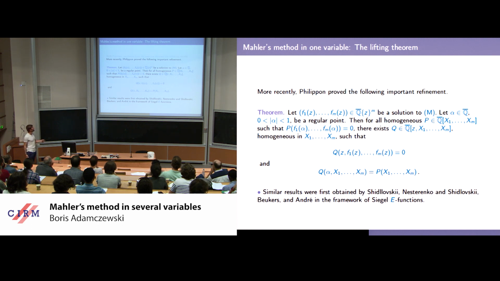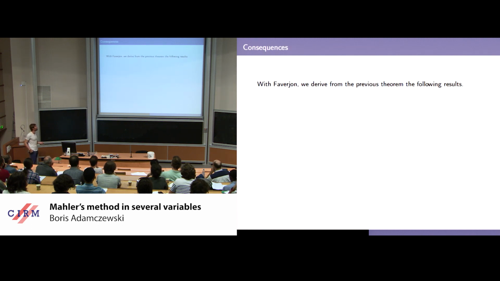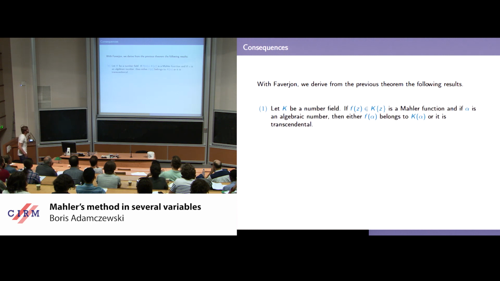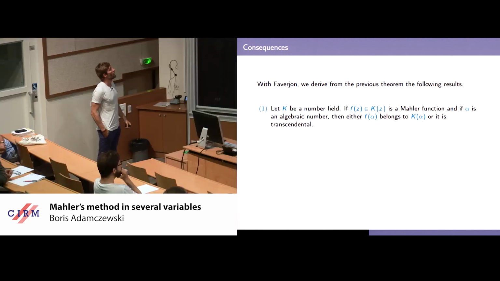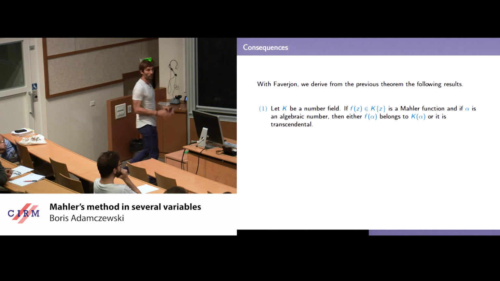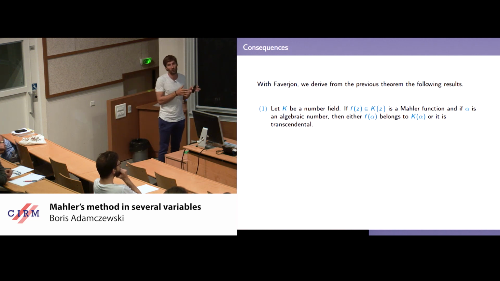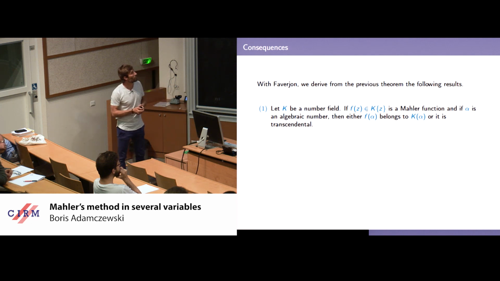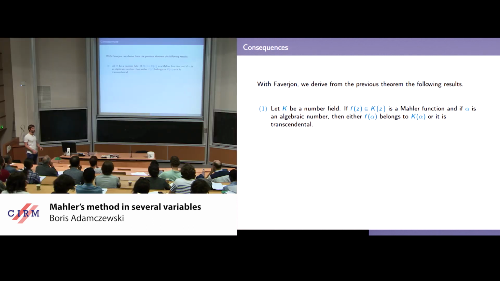This lifting theorem has some very nice consequences. I put the two main ones. First, you consider a Mahler function, a solution of a Mahler equation, and you assume that the coefficients belong to a number field k. This is always the case because of the equation, the coefficients are confined in some given number field, but I call it k.